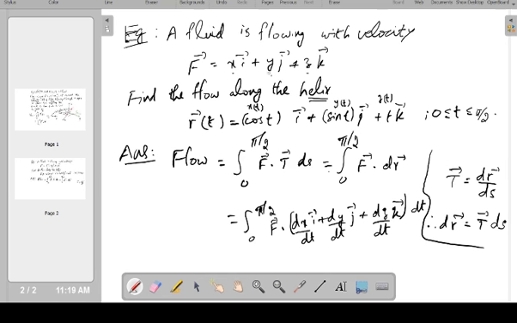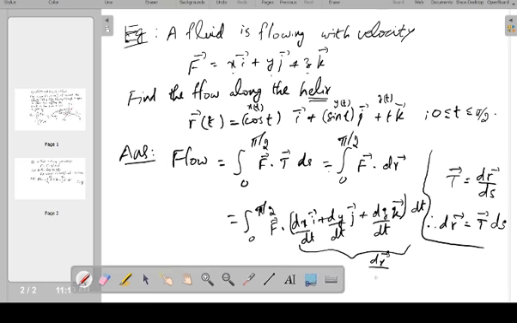So cos t vector i plus y is sin t, sin t vector j plus z is t, t vector k. Dot product with dx by dt we have to find. That means this is precisely dr by dt. This quantity is precisely dr by dt. So let us find dr by dt.